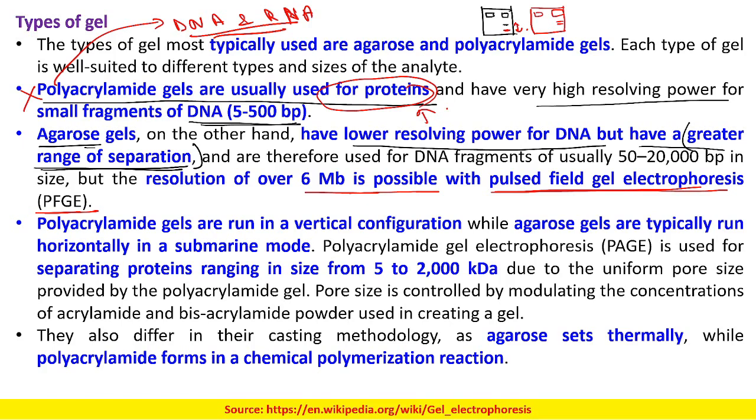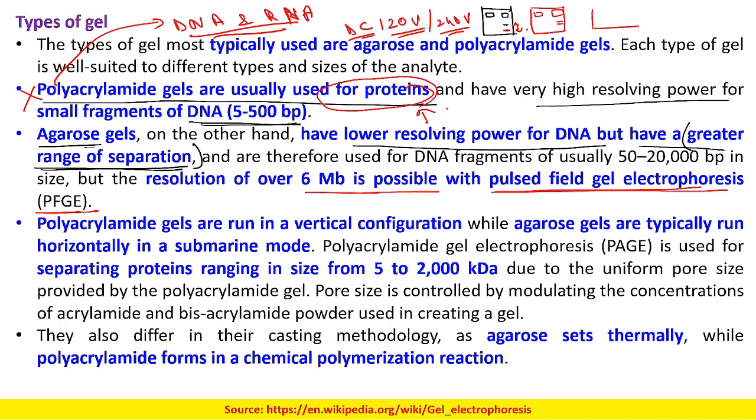Till now, we have discussed applying an electrical field across the gel. However, that field is a fixed field. That means we apply a voltage of approximately 120 volts or 240 volts DC. These are DC electrical fields that we apply. Now if you want better resolution, then we can go for pulsed field gel electrophoresis.